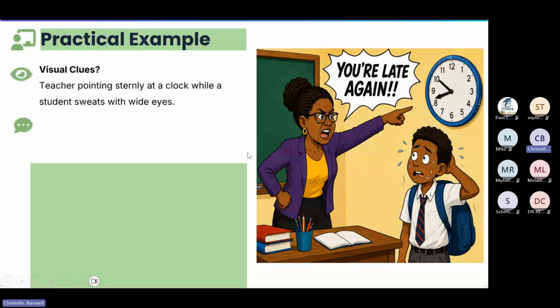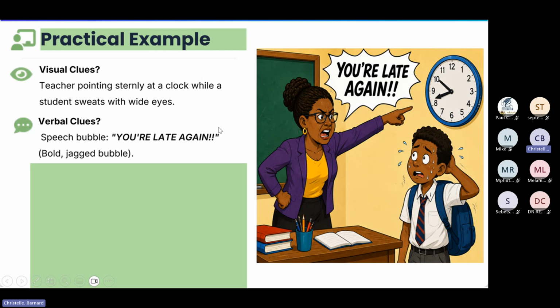There's another example, the teacher pointing. Look at her face, her eyebrows, her eyes wide open, her hand on a hip. The boy has sweat drops around his face. He's also looking worried. Verbal clues: look at the jagged edged speech bubble, look at the 2 exclamation marks.